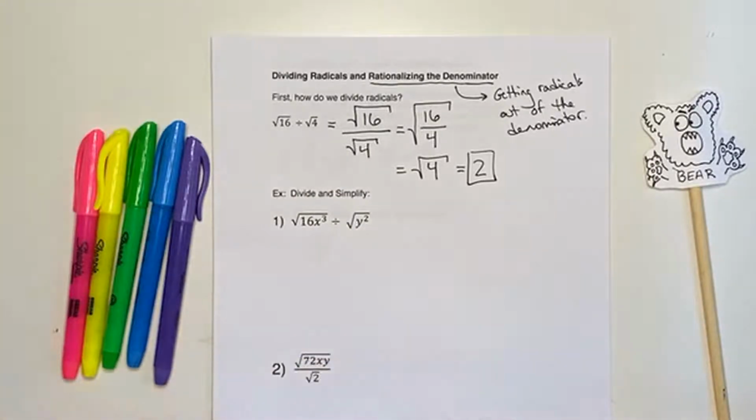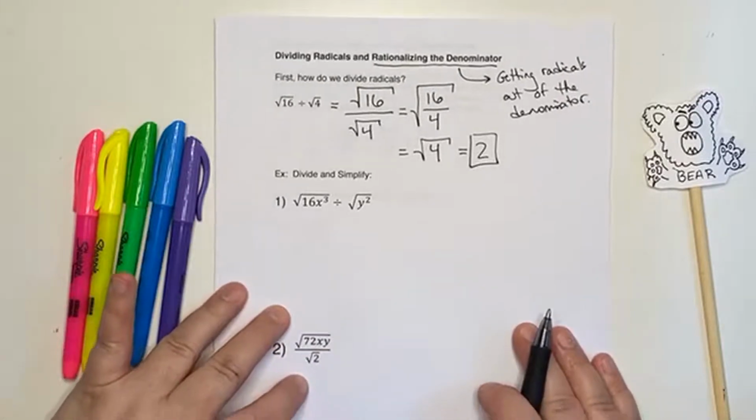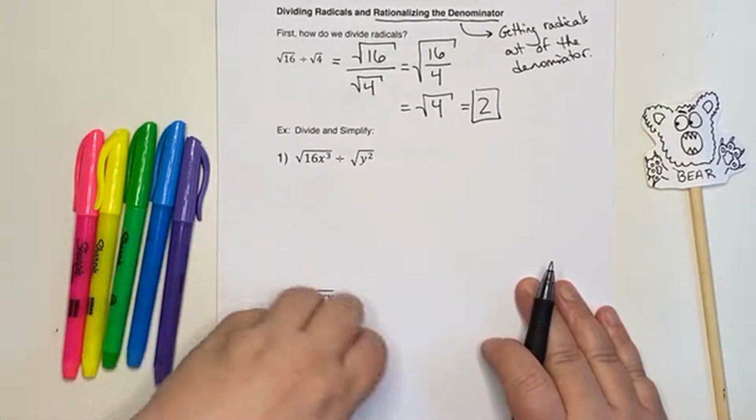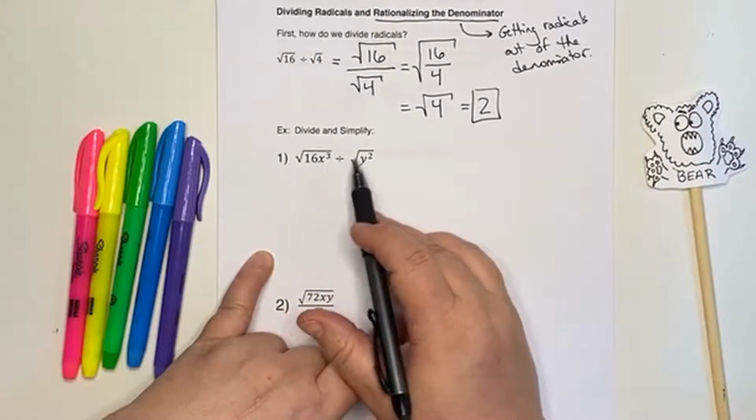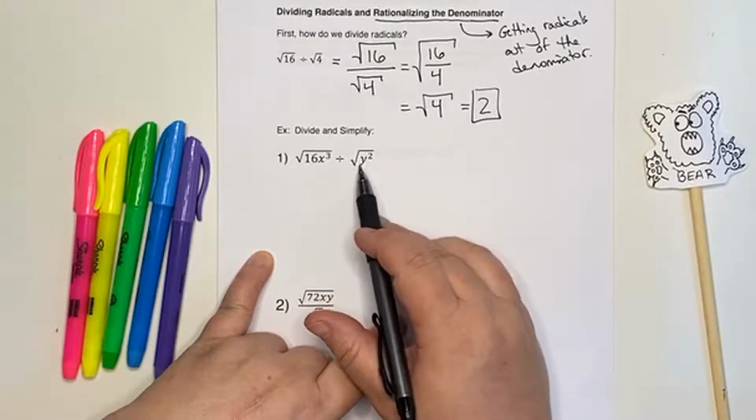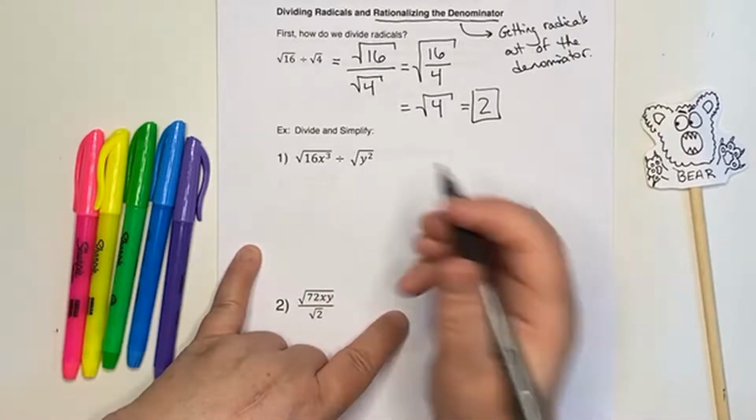So this is what we're going to do to begin with. Let's talk about a couple of different examples. I've got radical 16x cubed divided by radical y squared.